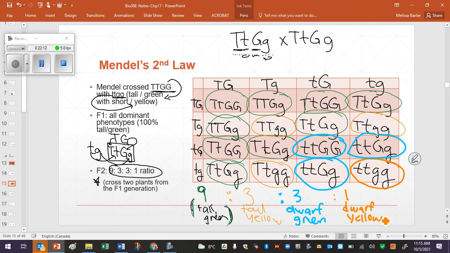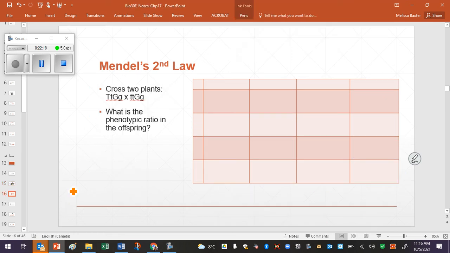Okay, so we're going to do another example. And in the next example, I'm asking you to cross 2 plants. I didn't tell you what their phenotype is. I told you straight out what their genotype is. So maybe a bit simpler than your typical test question, because you don't have to figure that out.